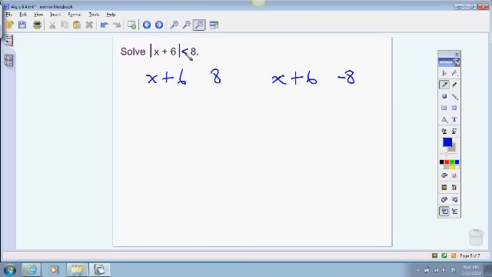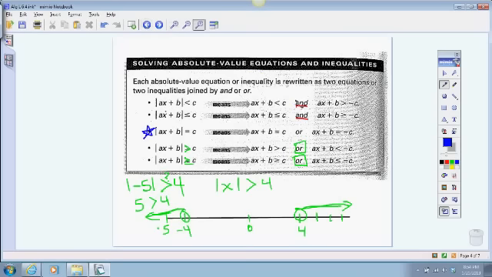Now, since we're talking about less than, think of the number line. Here's my 8. That means it's got to be less than 8. It's got to be between 0 and 8, but it's also got to be between 0 and negative 8. So when you see that less than sign, think less than, think and statement.